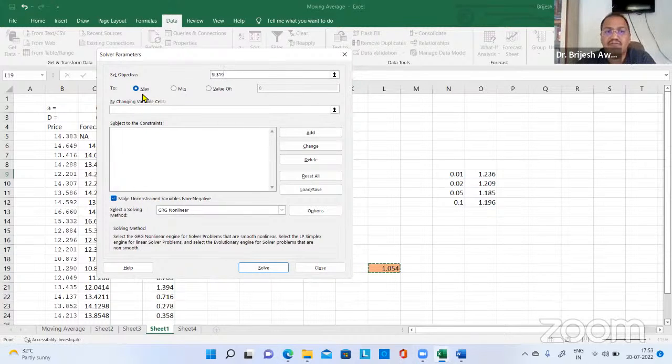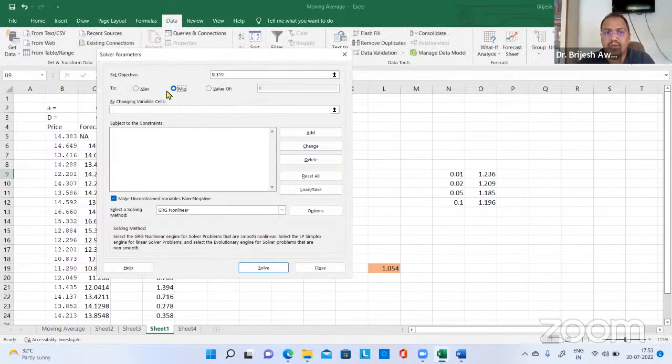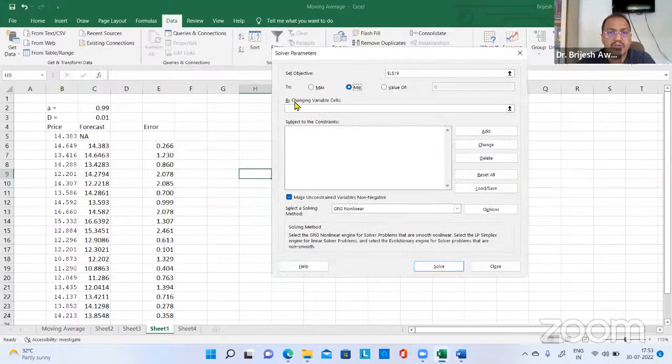Then what exactly do we want? We want to minimize it or maximize it? Minimize. I just click on minimize. Yes, sir. Then there's another box, by changing variable cells. I want to change only this cell, that is A, alpha.